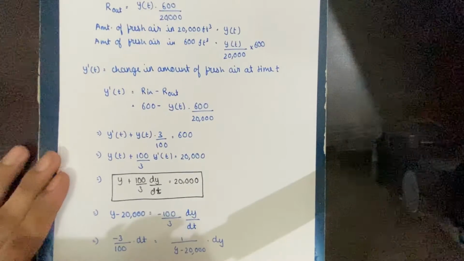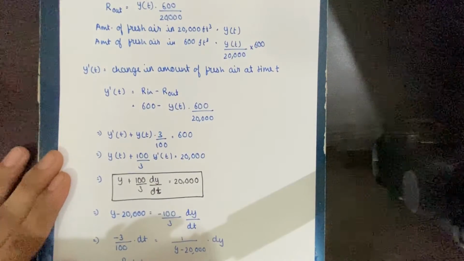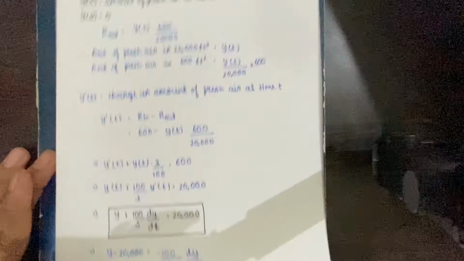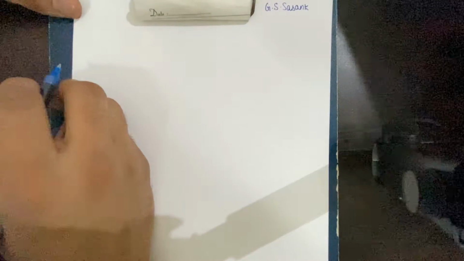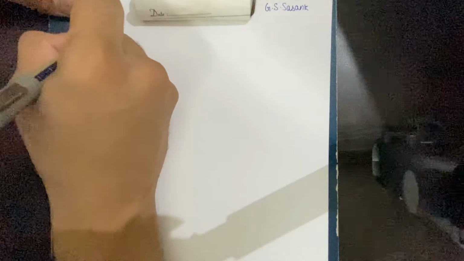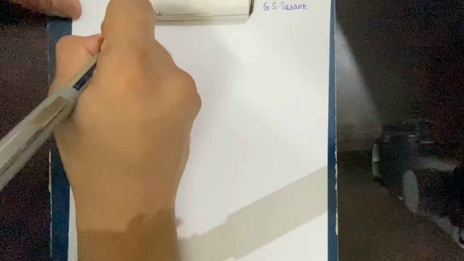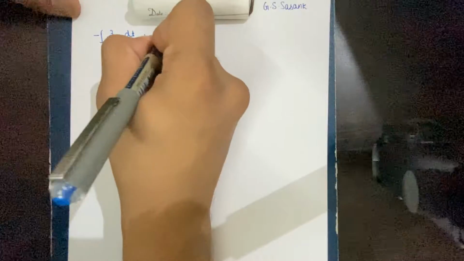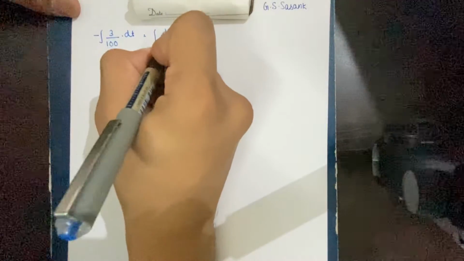Now I'm going to integrate on both sides. So we'll get minus integral of 3 by 100 dt equals integral of dy by y minus 20,000.